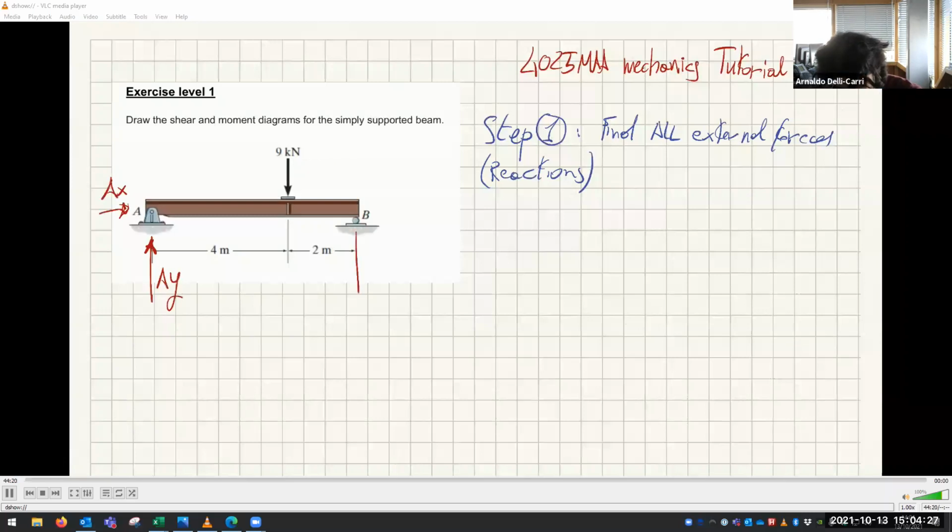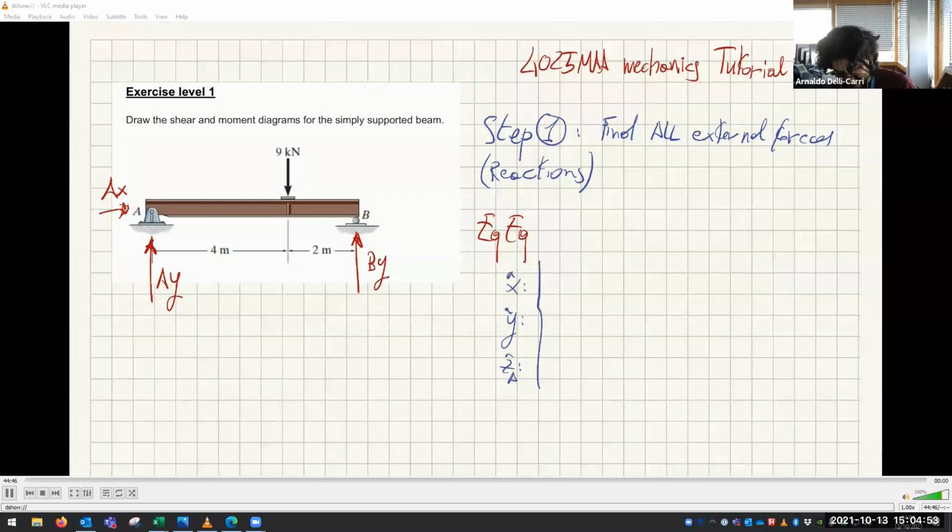And here we have a roller. It's very easy to see. And we'll call this BY. So if we write down the equilibrium equations, we have that for the X direction, Y direction, and around Z. Around Z, let's choose point A because it's easier.